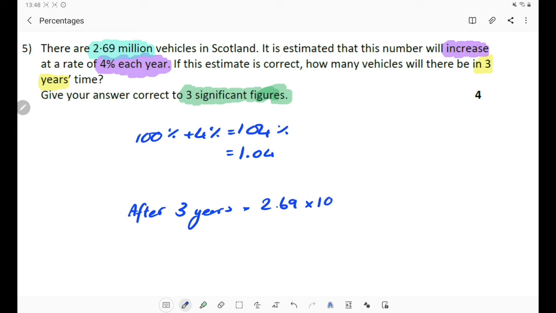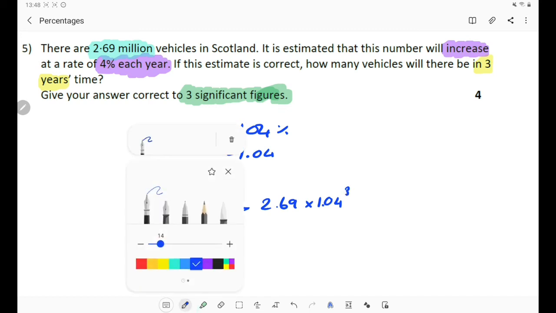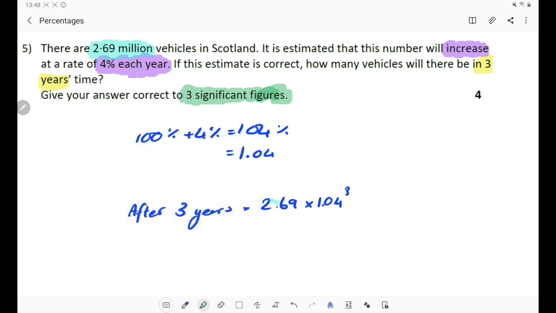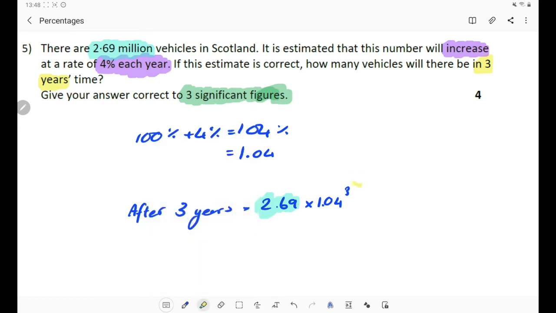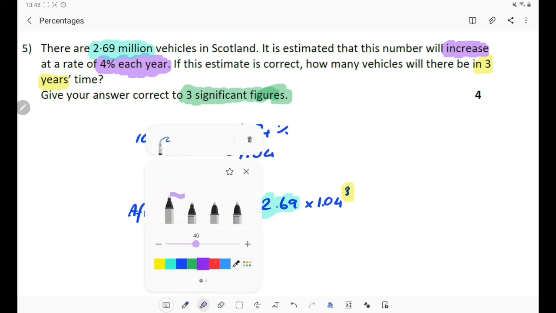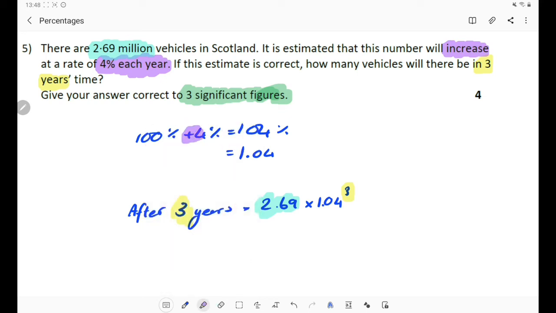Times your decimal, which we found, and to the power of the number of years. And just to color code that for you, value, number of years, and your decimal, which came from the purple information.